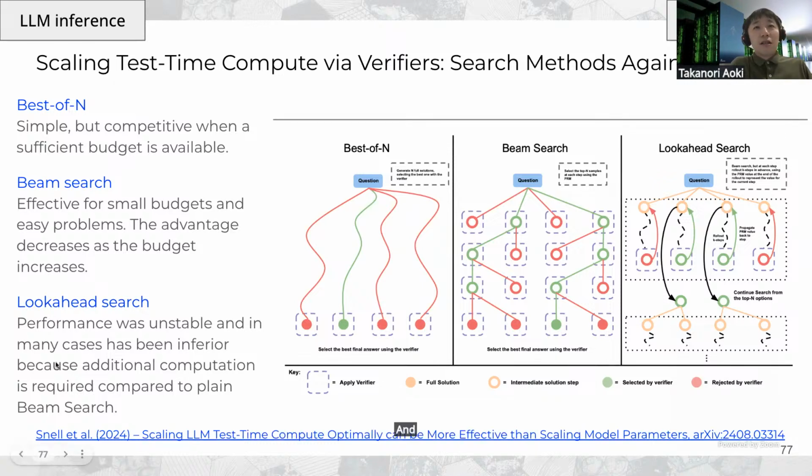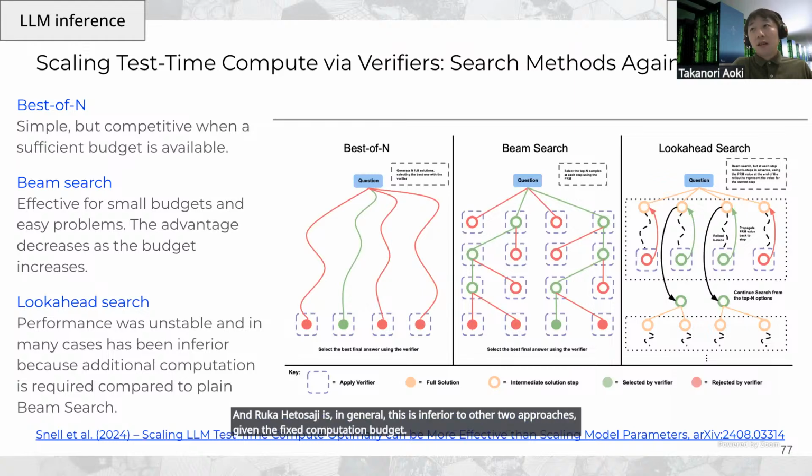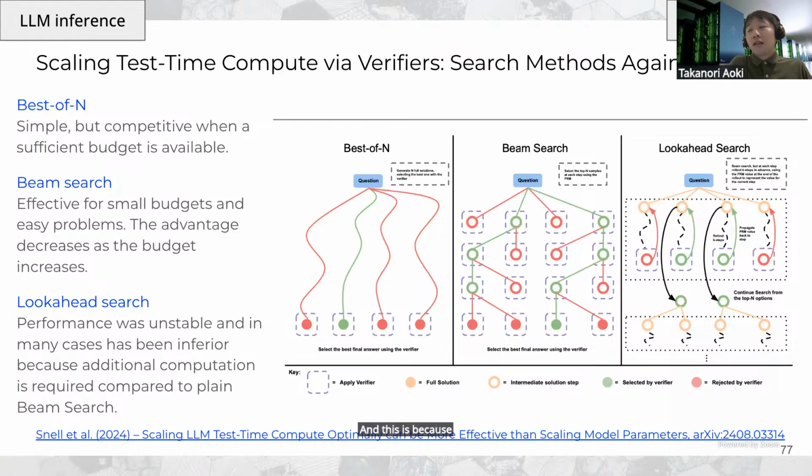And lookahead search is in general inferior to the other two approaches given the fixed computation budget. This is because lookahead search requires a Monte Carlo simulation to forecast the future reward, and that takes additional computation resources. That's why lookahead search was inferior in this experiment.